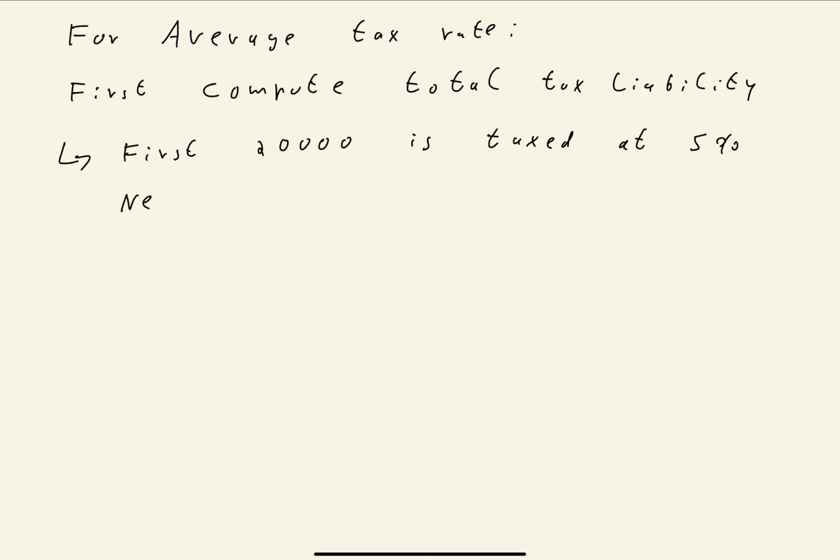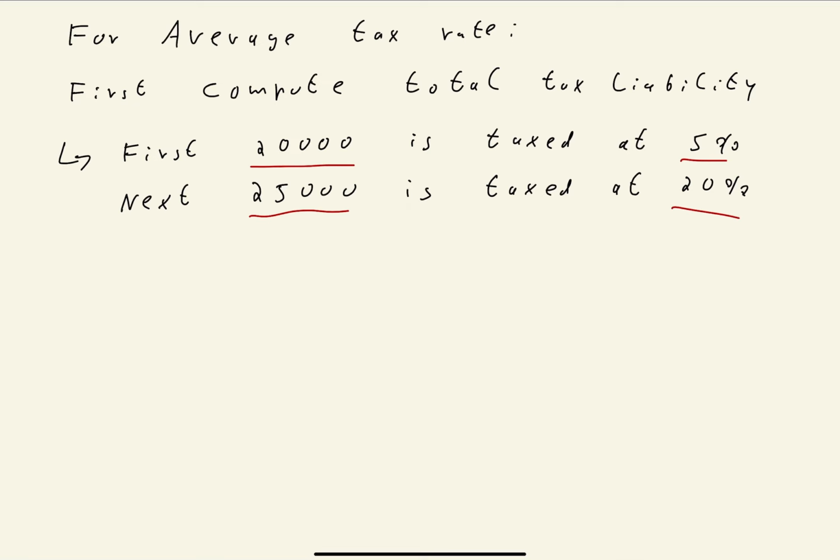Next 25,000 is taxed at 20%. So we had a total taxable income of 45,000, and from this 45,000, the first 20,000 is taxed by 5%, and the next 25,000 is taxed with 20%. And what we then have is basically the total liability.